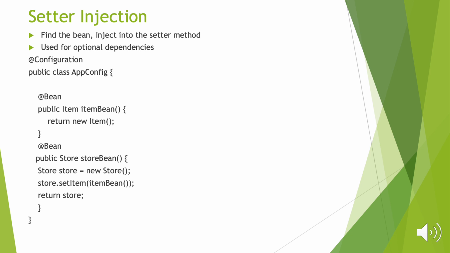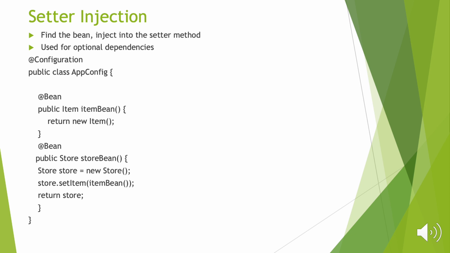As you can see, inside the AppConfig class, we have two bean definitions, one for item and one for store. The item bean just creates a new instance of item, and the store bean creates a new instance of store. The store bean method first calls the constructor of store class to create a new instance of store, and then it sets the item field.